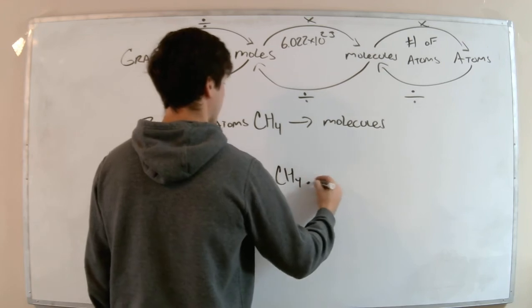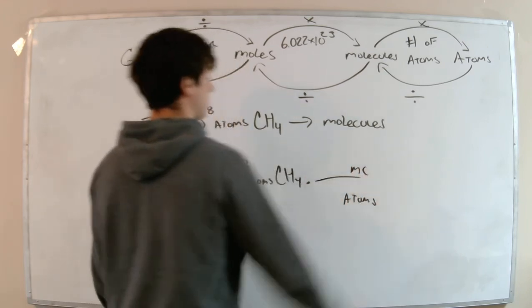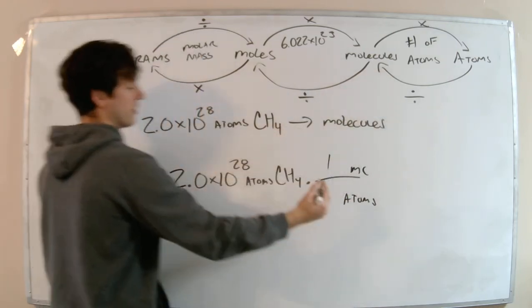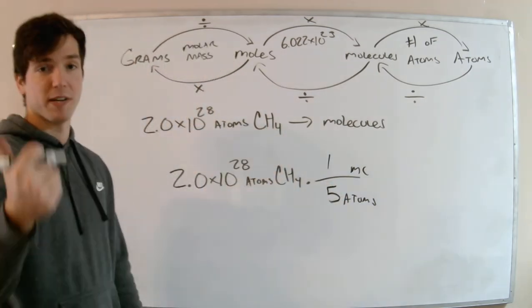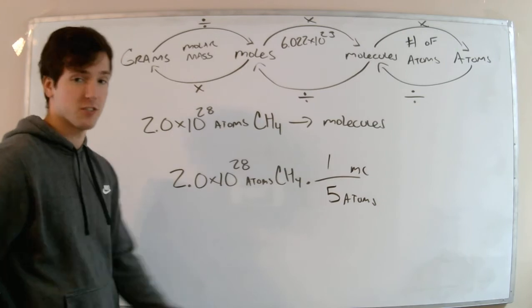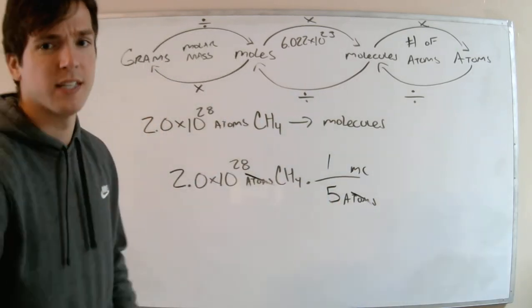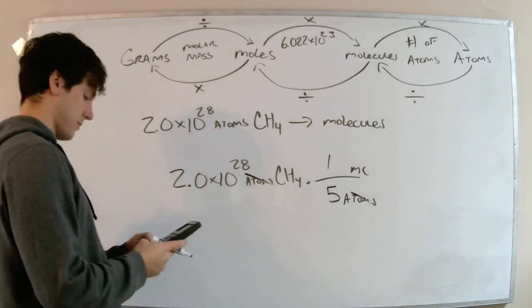Right, so I start with what I'm given. I'm going to have atoms on bottom, molecules on top. For every 1 molecule of CH4, there are 5 atoms, right? 1 carbon, 4 hydrogen, sorry. Atoms cancel out. Let's see.